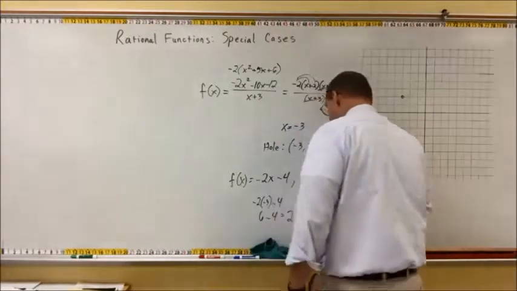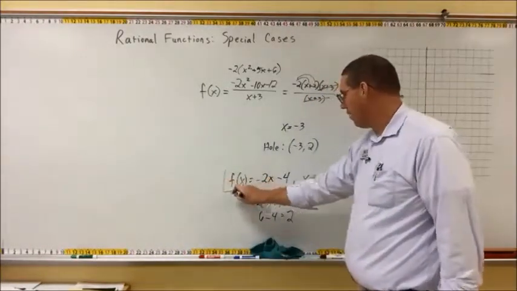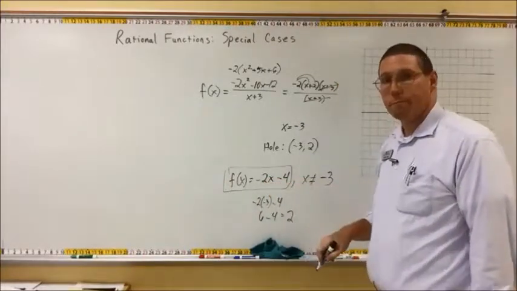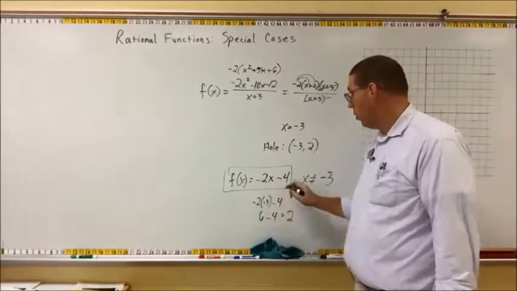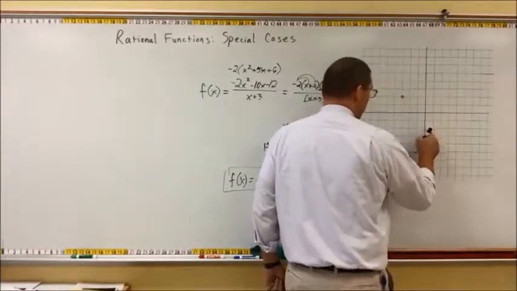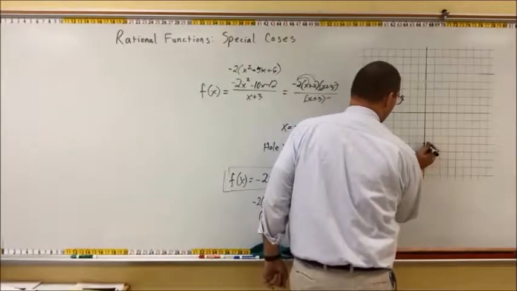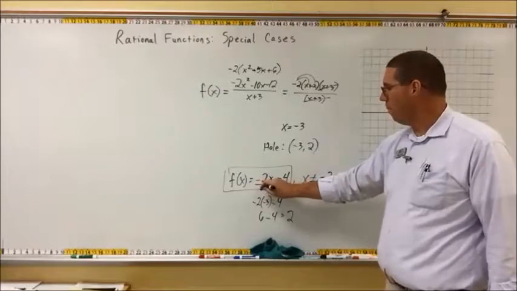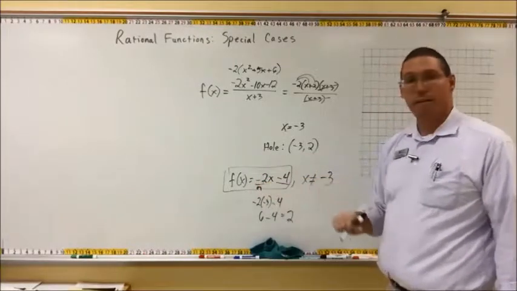Okay? And now we can graph -2x minus 4. It's a linear function. We go to the y-intercept of -4, put a dot there. And now the slope m is equal to -2.